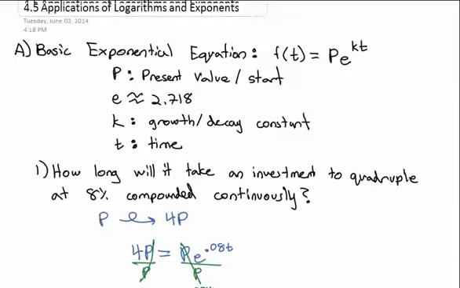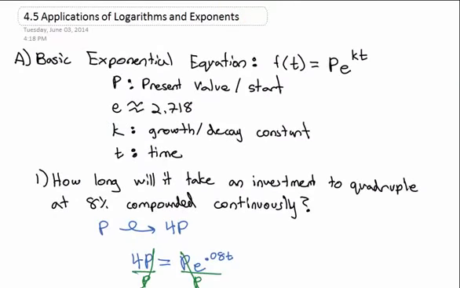So all these examples we've seen, population, continuous interest, half-life, doubling time, same idea, all use the same basic equation, P e to the k t. There are equations, though, and problems, application problems, that are slightly more involved.